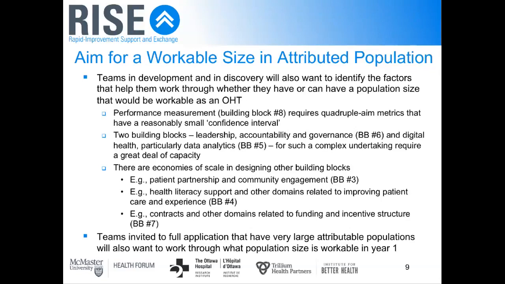The first issue is that performance measurement, which is OHT building block 8, requires quadruple aim metrics that have a reasonably small confidence interval. You don't want to become accountable for a metric where a small number of patients could dramatically affect what your metric looks like.